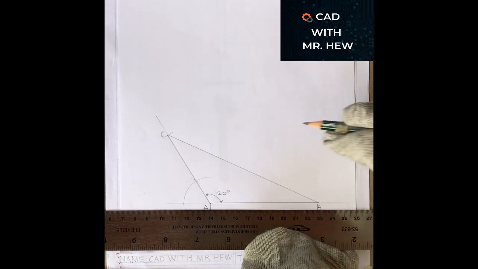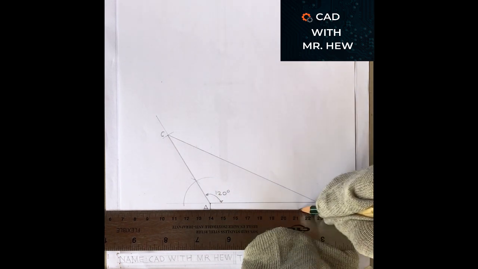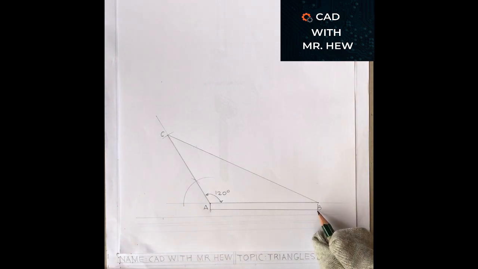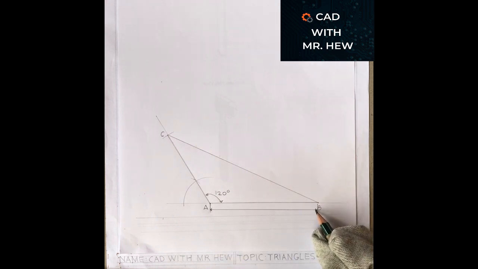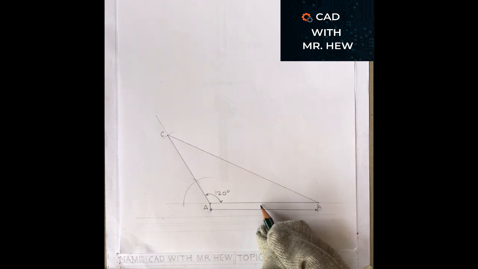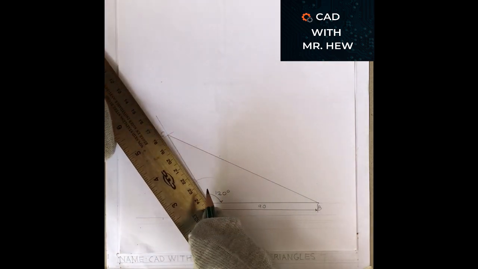So we're going to put on the dimension line. So this line is 90 millimeters.